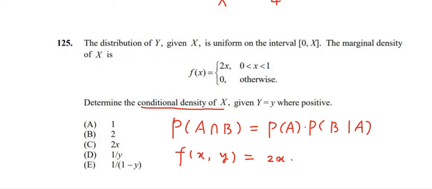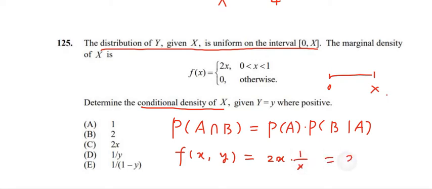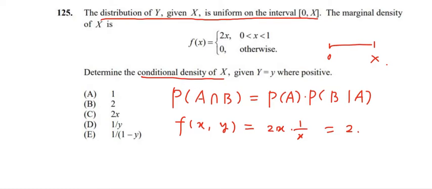So we know the distribution for y given x is uniform, from 0 to x. Then the density function is 1 over x. Right? So the joint density function is constant.